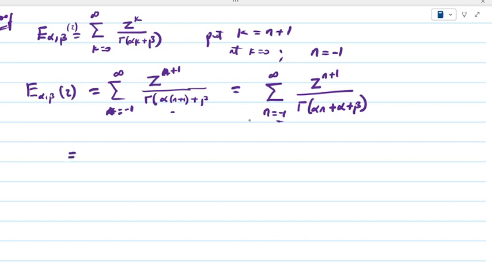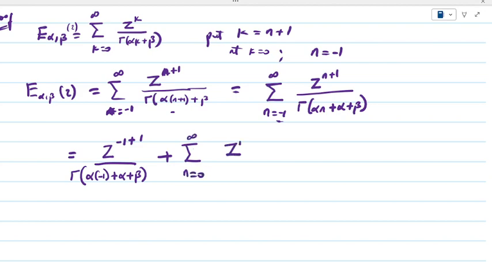At n equals minus 1, I'm going to have z^(minus 1 plus 1) over gamma of (alpha times minus 1 plus alpha plus beta), plus the summation n equals 0 to infinity z^(n+1) over gamma of (alpha n plus alpha plus beta).